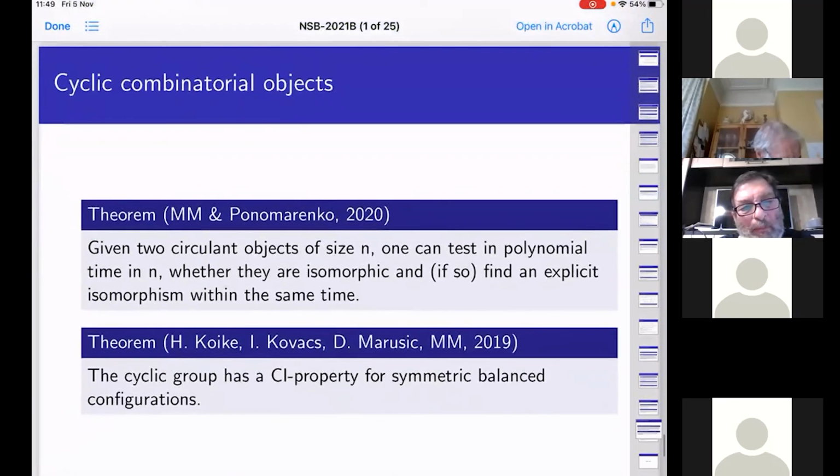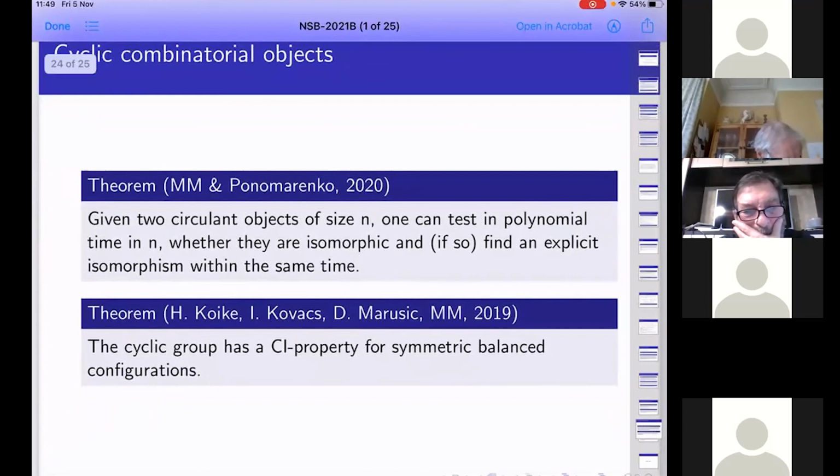And I want to finish my talk with a result which says that actually Adam's conjecture is true, but not for graphs, but for a special class of combinatorial structures.